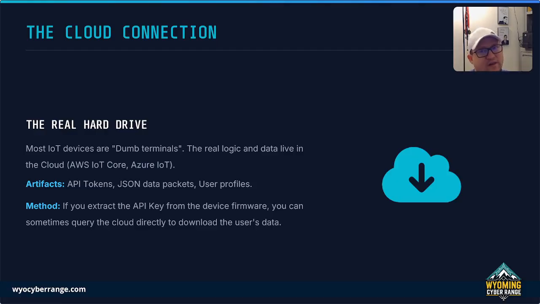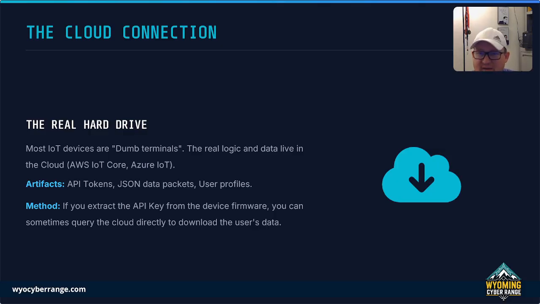Finally, we return to the cloud connection. Now, the reality is that most IoT devices are just dumb terminals acting as servers or sensors. The real hard drive and the actual logic normally is going to live in the cloud. So it might be in AWS IoT.